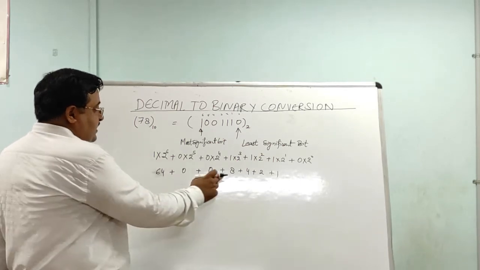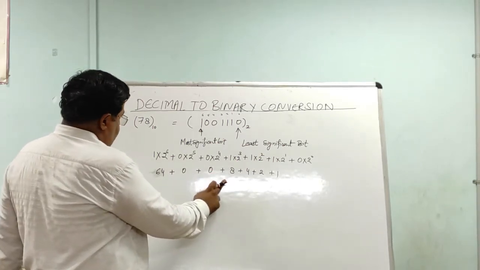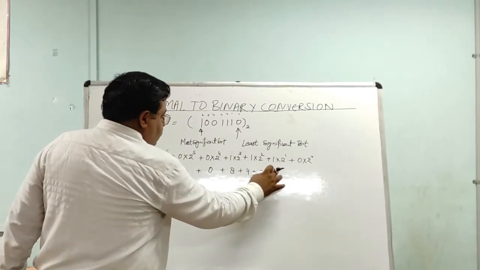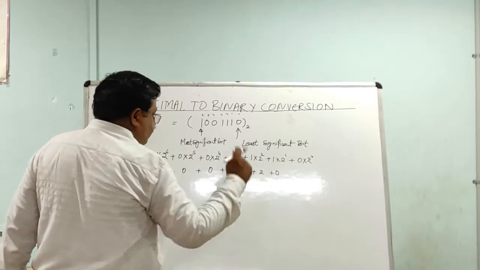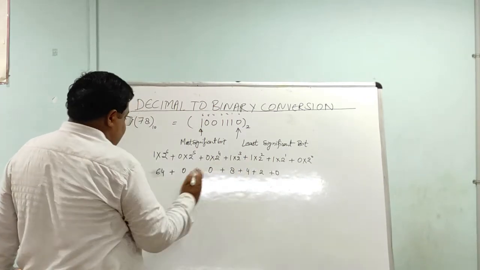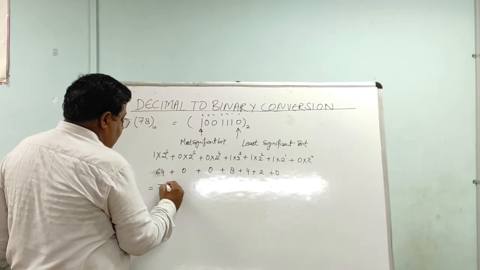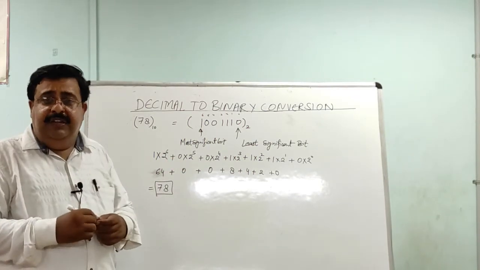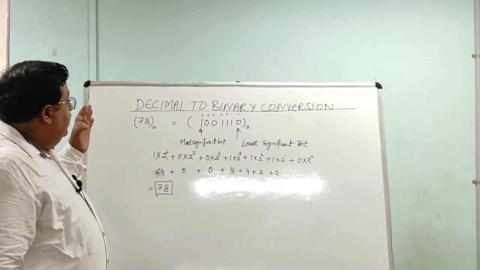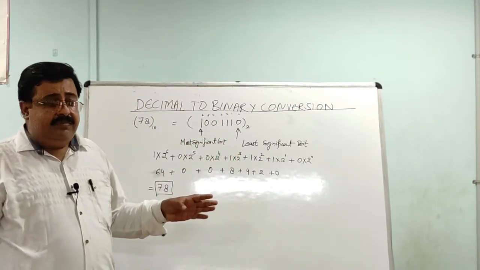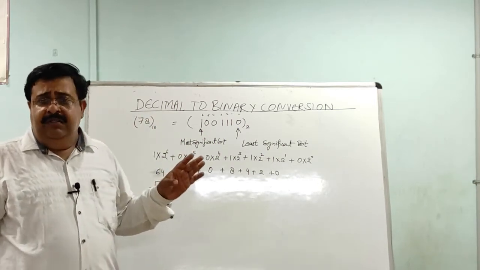So 64 plus 8 is 72. 72 plus 6 is 78. So this is how we convert a binary number into a decimal number. I hope it is clear to all.